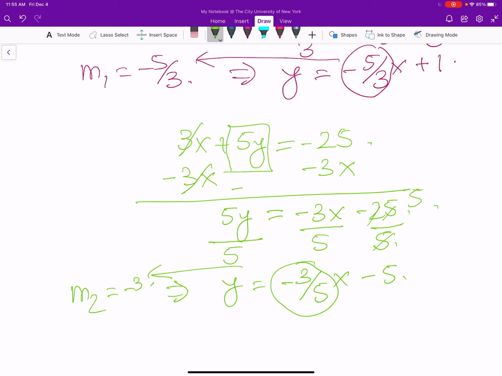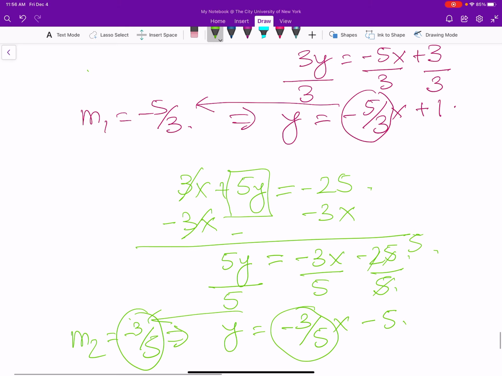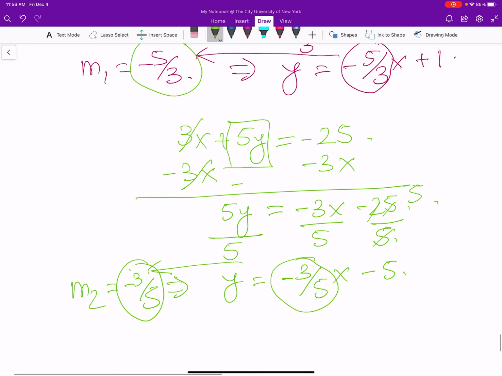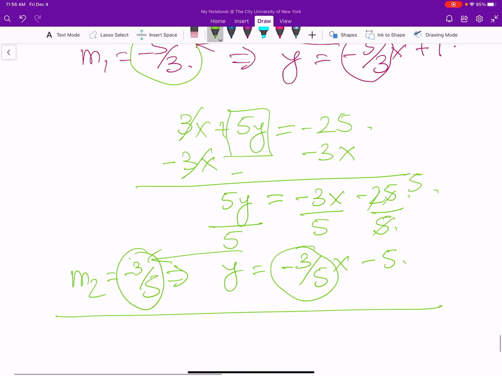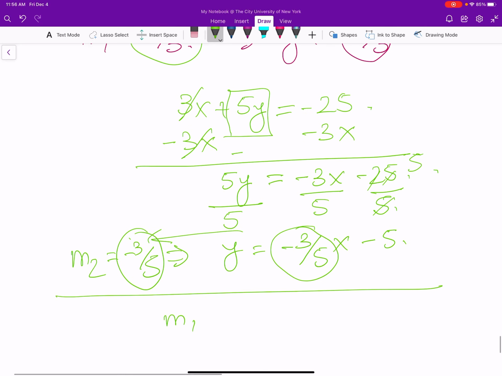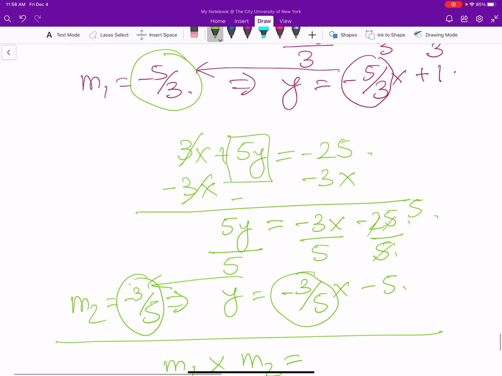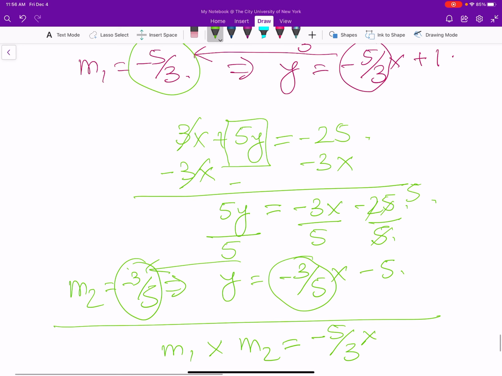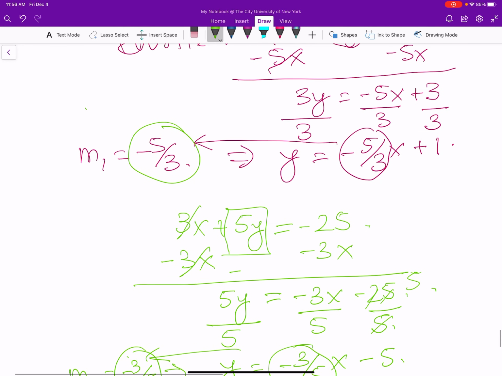So this is your m2. If you look at them, one is negative 3 by 5 and the other one is negative 5 over 3. They're not equal, so they're not parallel. Let's see if they're perpendicular. Test the product of m1 and m2. Your m1 is negative 5 over 3. Your m2, will that be negative?